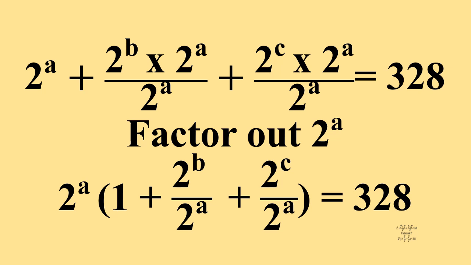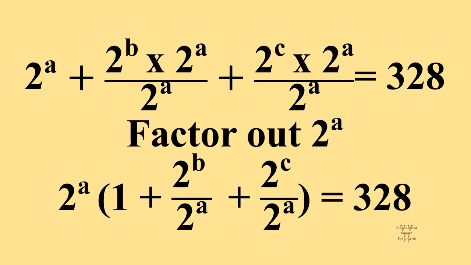Then if we factor out 2^a, in the first one we have 1, then plus 2^b times 2^a, factor it out, it will remain 2^b over 2^a, then plus 2^c over 2^a.